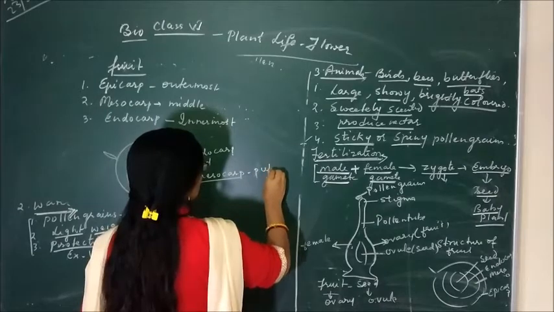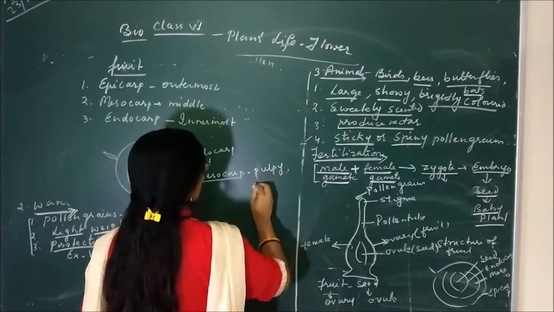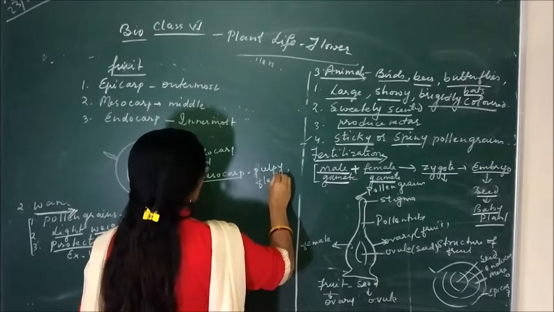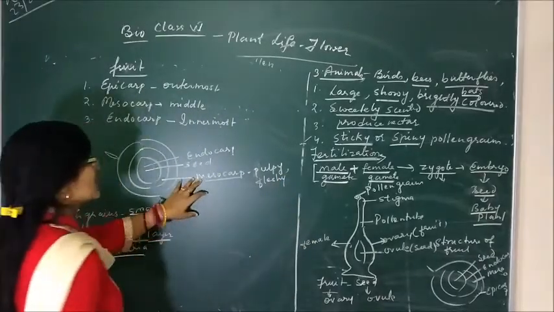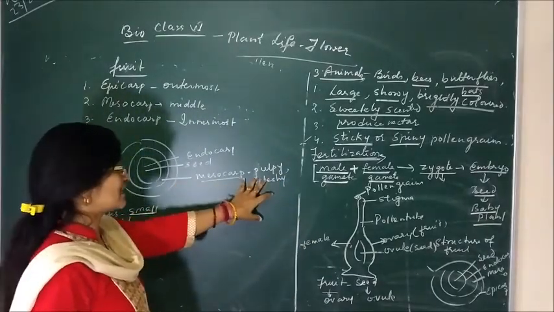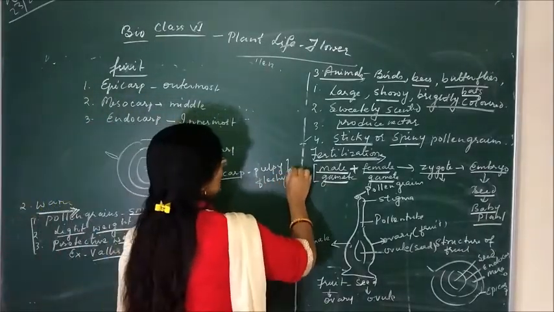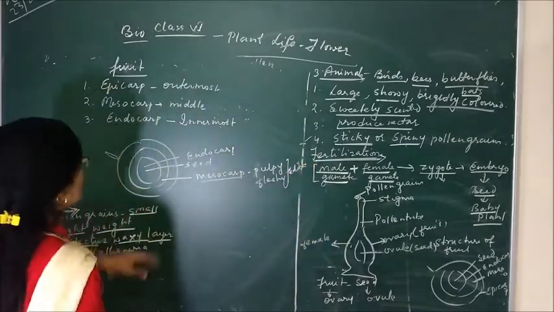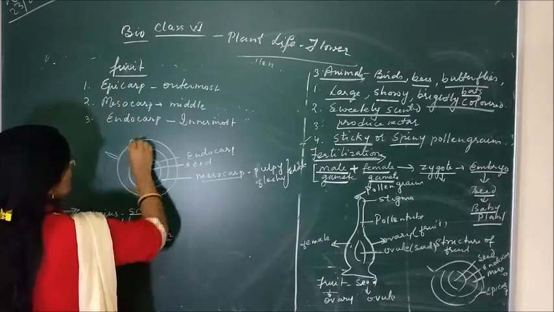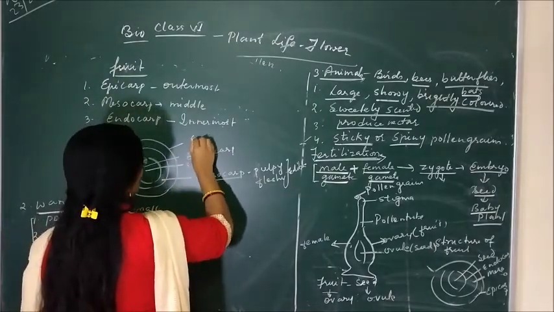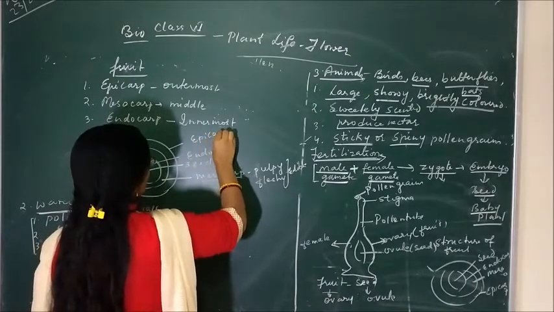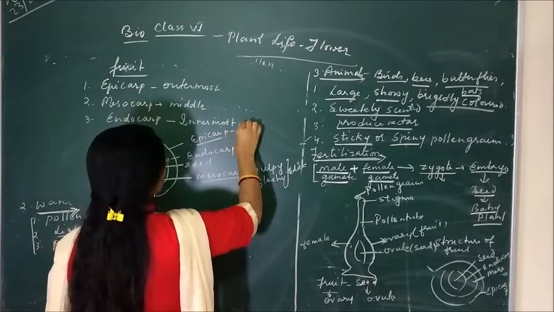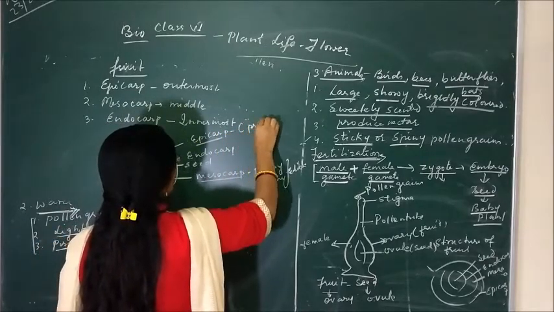This layer is the edible part of the fruit. Edible means which can be eaten. And the outermost layer, which is the protective part of the fruit, is called the epicarp.